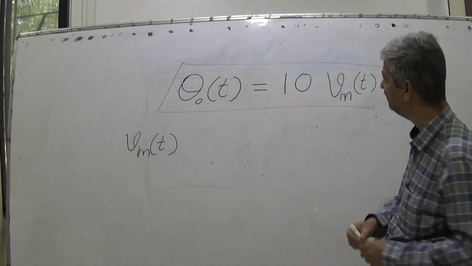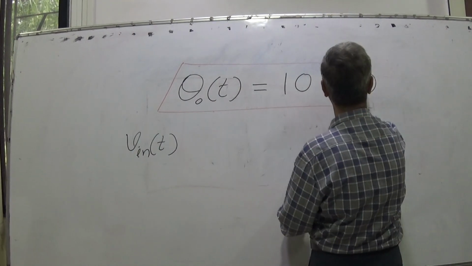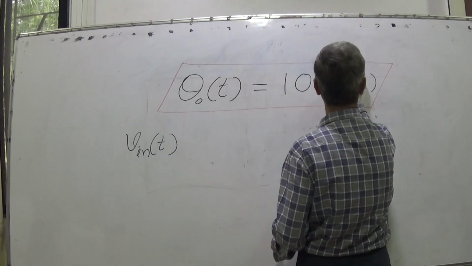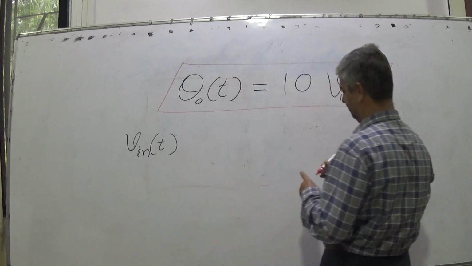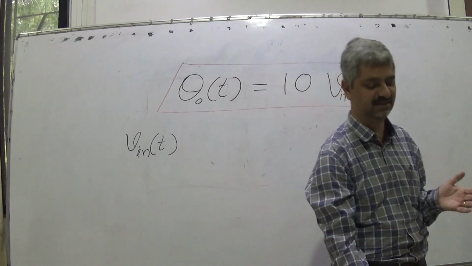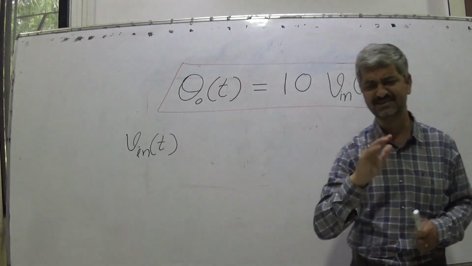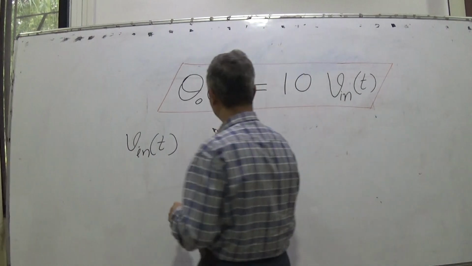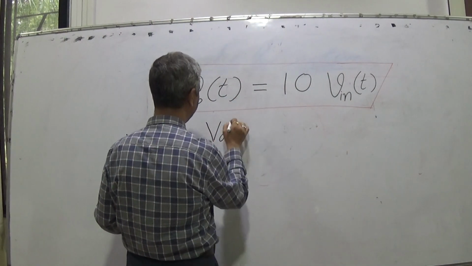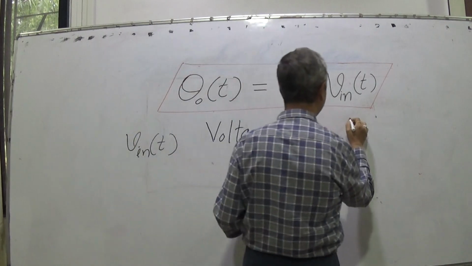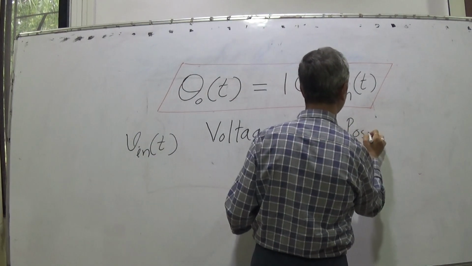So for a voltmeter system where input is a voltage signal and output is, to be very precise now, rather than deflection, I will use a somewhat not too scientific but better term. That is, input is voltage and output is position, but it is not a linear position.